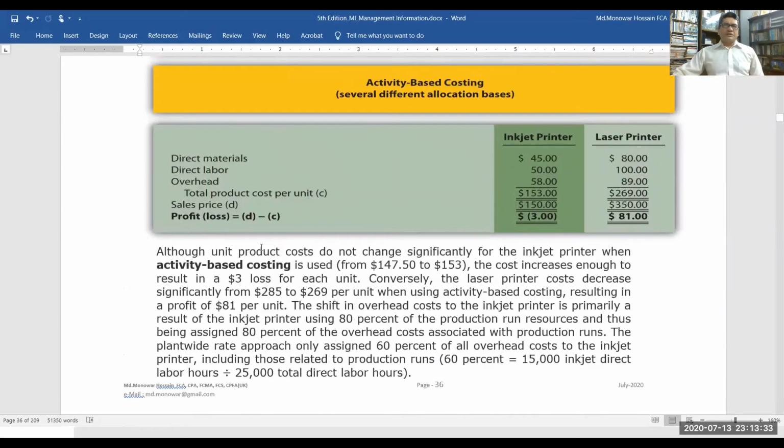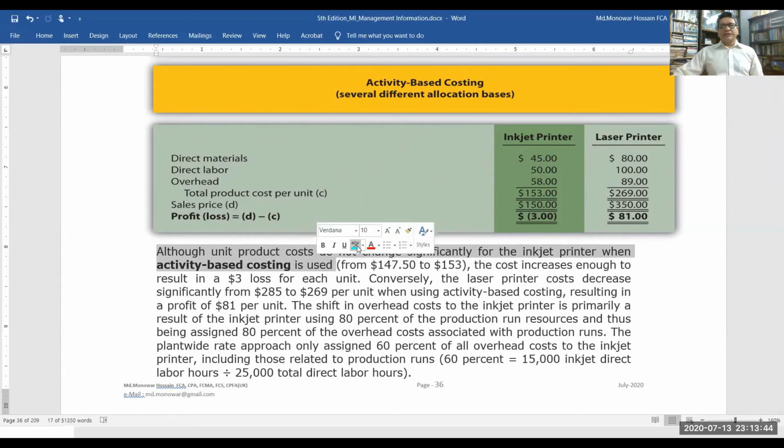So what would be the comment? The unit product cost does not change significantly for the inkjet printer when activity-based costing is used. It is now 147.5 to 153. The cost increase is enough to result in a $3 loss for each unit.